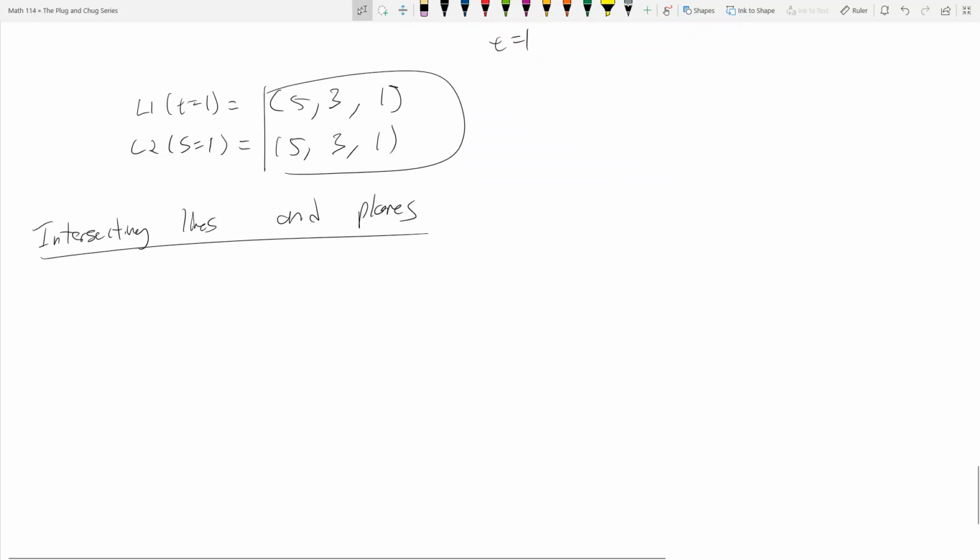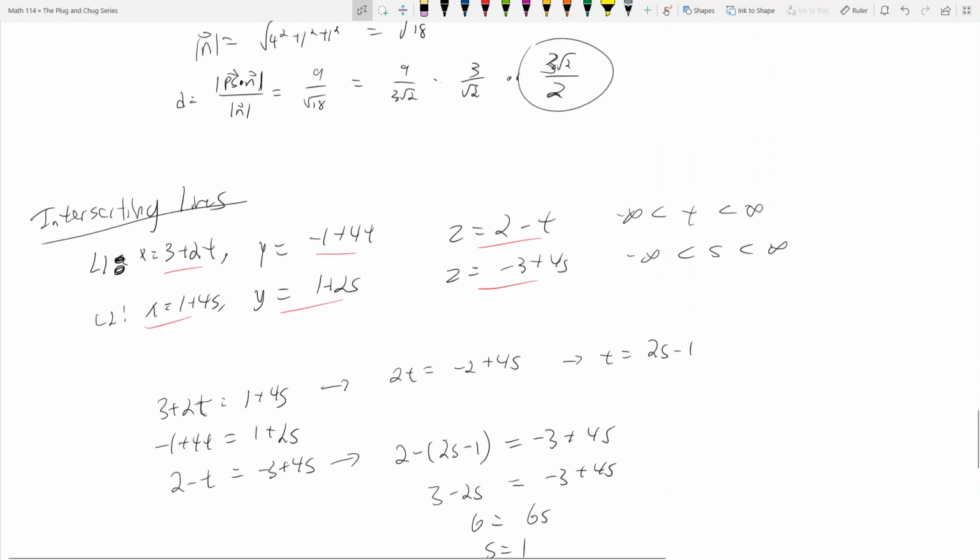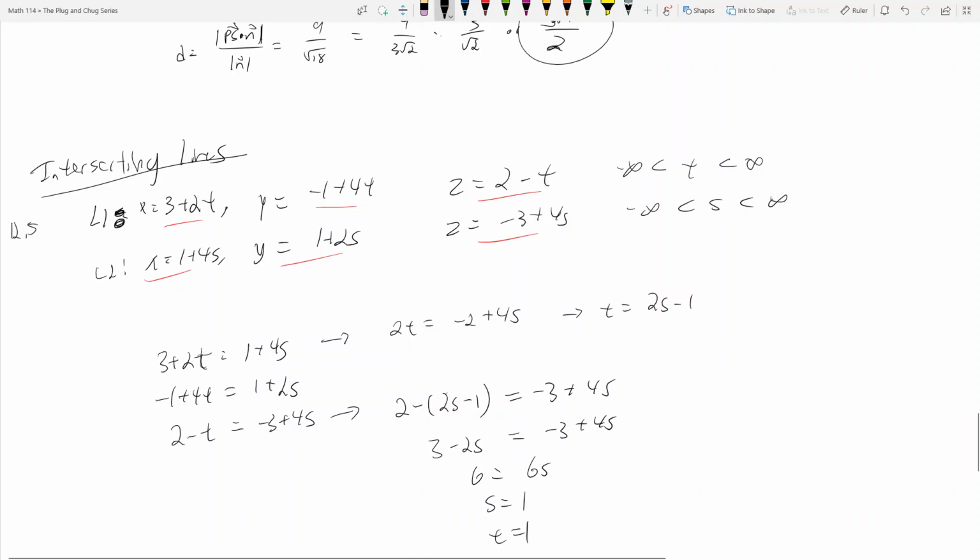Now I need to dig for a problem that we can actually do. Let's see, intersecting lines and planes. Okay, got it. This one was 12.5.61.